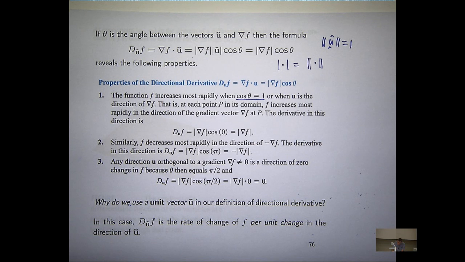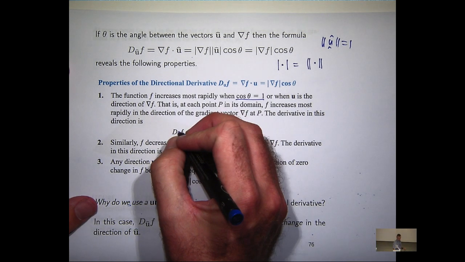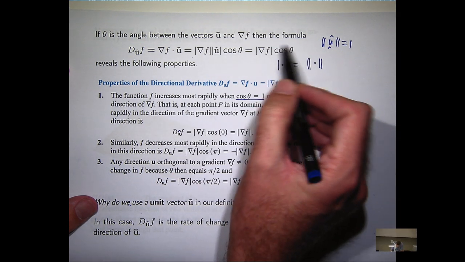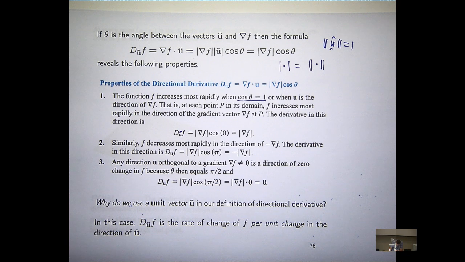Based on that, if the gradient and the vector u point in the same direction, then f is going to have the maximum value. And the actual directional derivative is just this, because this is 1, right? So this becomes this.